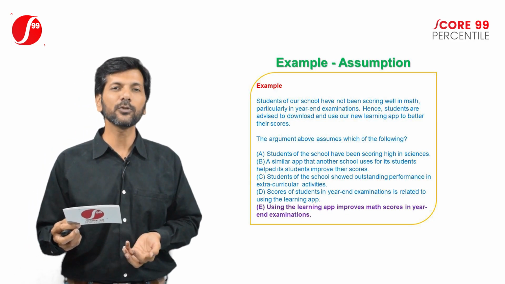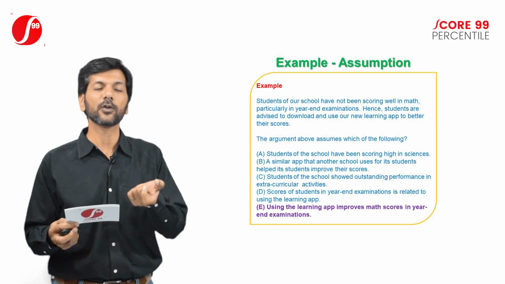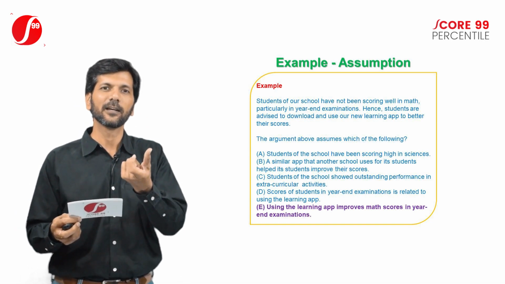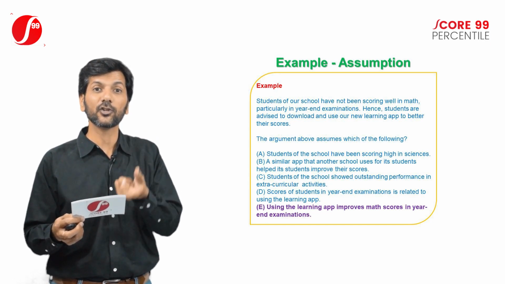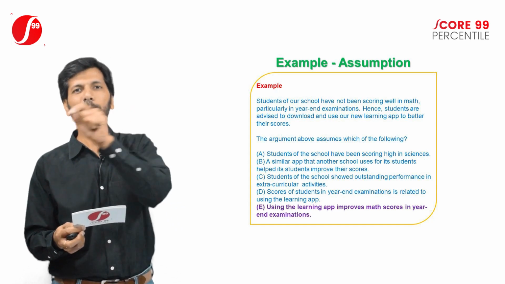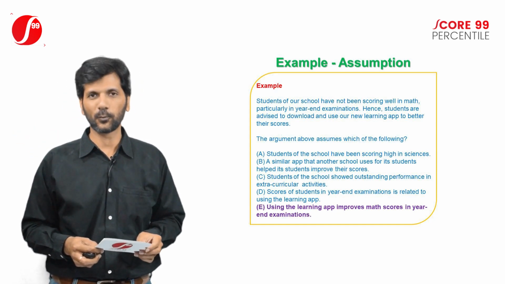So, between the two, you should be able to understand that D acts more like an inference, because that is what you are deriving, while E acts more like the missing link between the two, because this now ensures that using the learning app for math improves math scores. So, your answer option would be the fifth one.